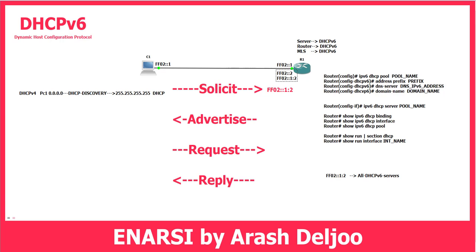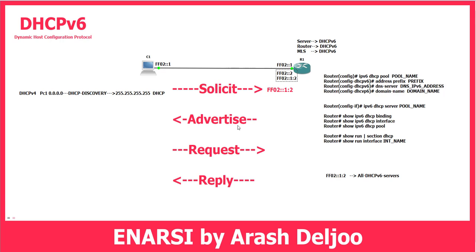Then R1, the DHCPv6 server, should send the DHCPv6 advertise message. This is the response of the DHCPv6 server to the solicit message, and this is a unicast message. Again, here we are offering some IPv6 addressing and some other useful information.